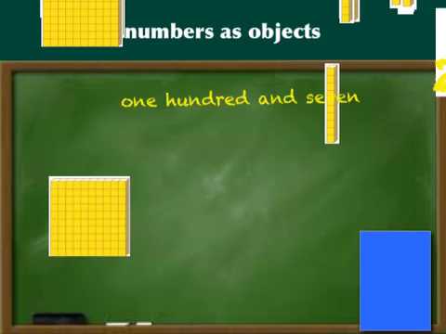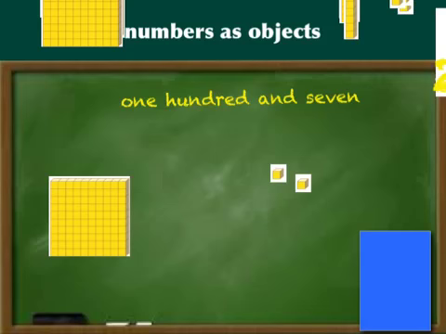Now, do I need any of these tens? 107. Well, I don't think I do need any tens because I can make 7 with my blocks. Just need a few more blocks there. Okay, 107.